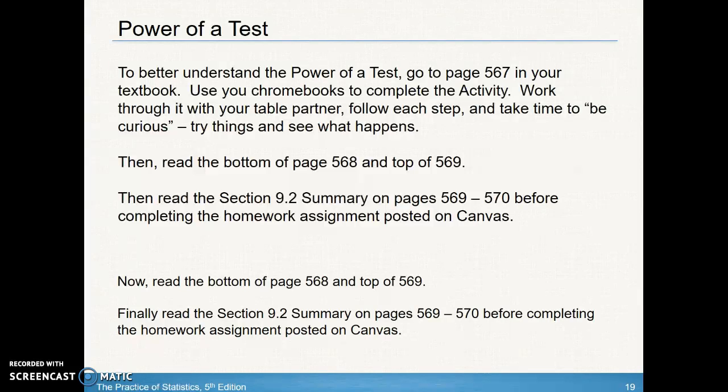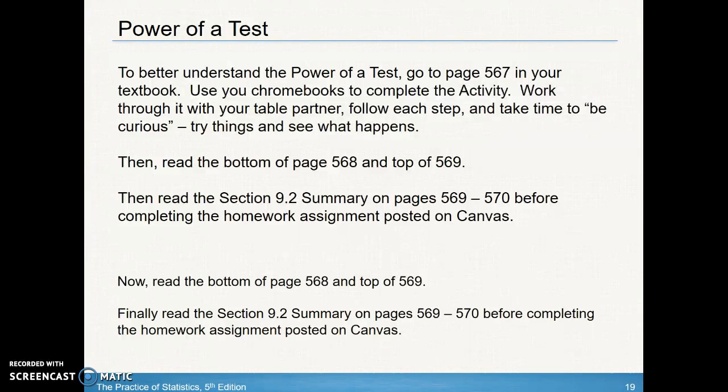And then after you've done the applet, then read the bottom of page 568 and the top of page 569. It just really wraps up this idea of power of a test nicely. And then finally, read the section 9.2 summary. It's really worth it to read those summaries. It does kind of pull everything together for you.